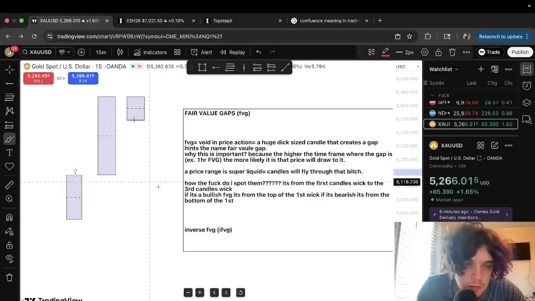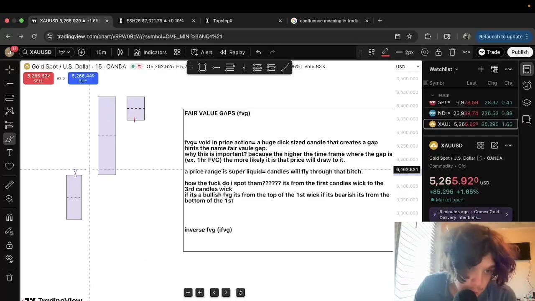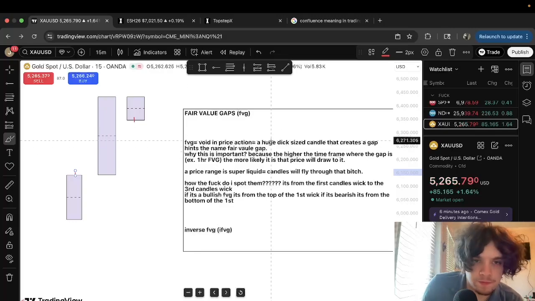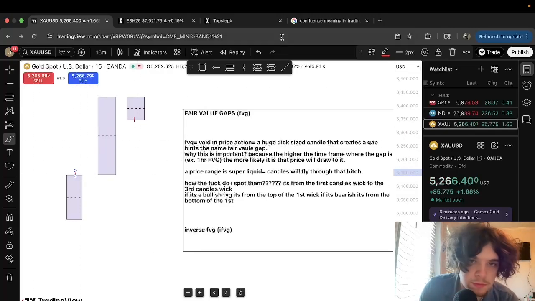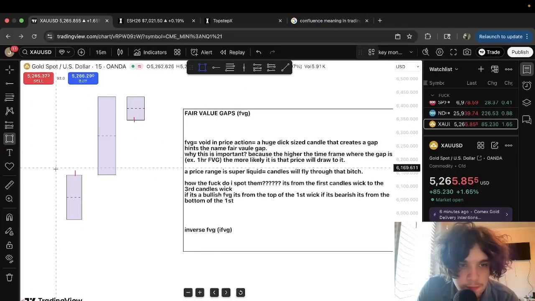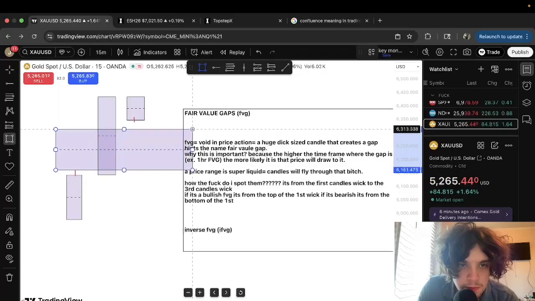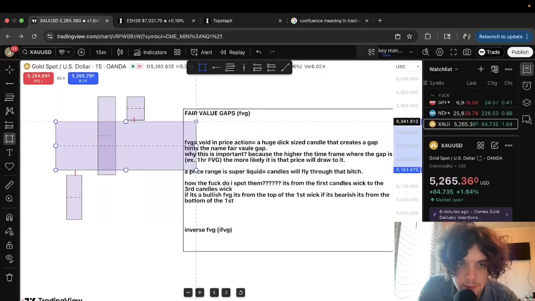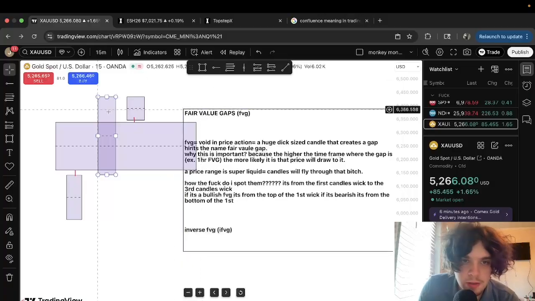Then you go from the bottom of the first one to the top of the third one. Now let's pretend this is where price ended up here.